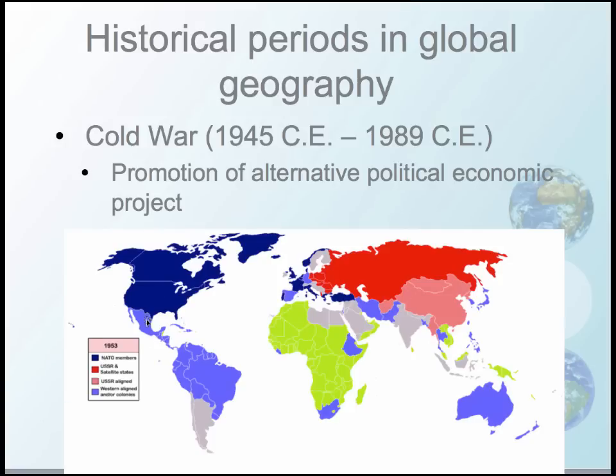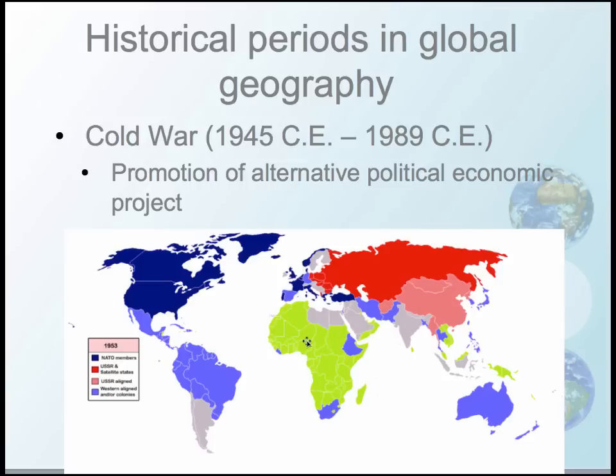So here in blue, we've got the North Atlantic Treaty Organization and Western aligned nations. And in red, because seemingly in every map, communist countries always have to be red, right? We've got the USSR and its satellite states and USSR aligned nations.